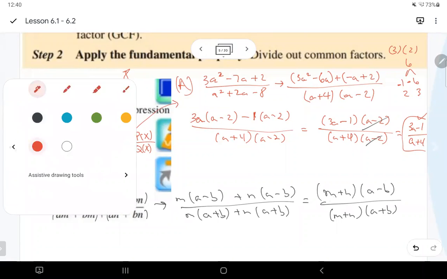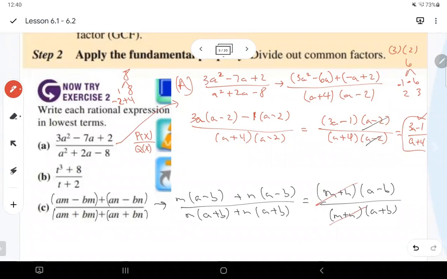And then you should notice here that the M plus N's cancel, and you're going to be left with A minus B over A plus B. Now we can't do anything like pulling out a 1 or anything like that because you're just going to constantly do it all day long. You're not going to be able to isolate that any further.